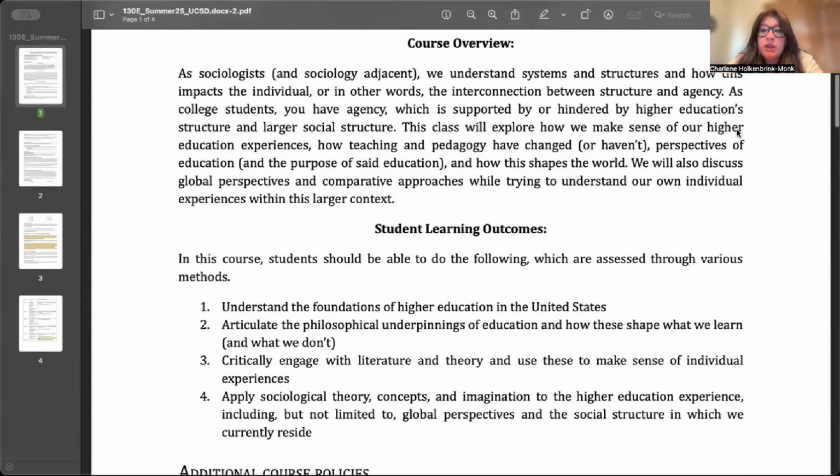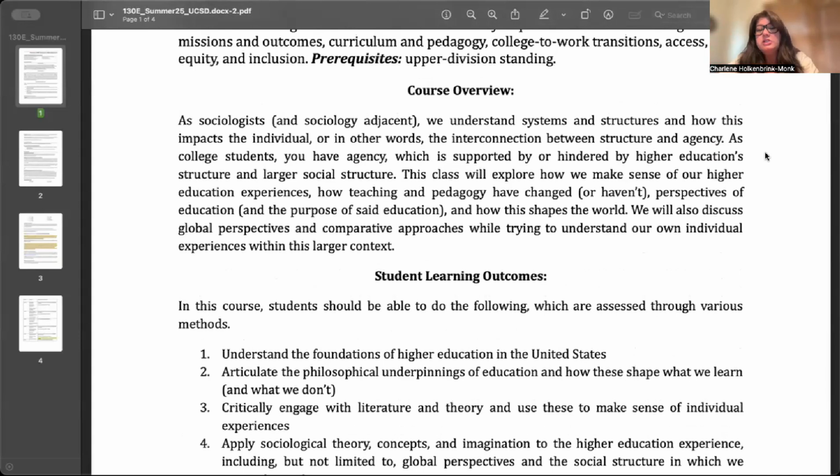So what does that mean? Basically, we know that agency and structure, those are two concepts that we have to have a firm grasp of in sociology. Agency being the individual or small group's ability, or a group of people's ability to make decisions for themselves, and the larger social structure, and how they're interconnected, right? The structure can hinder people's ability to make these decisions for themselves, or not.